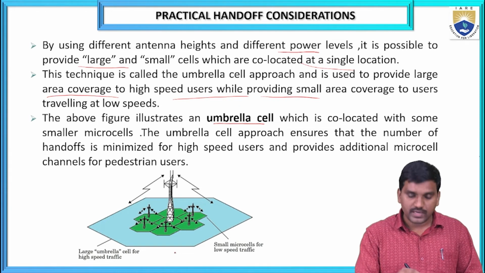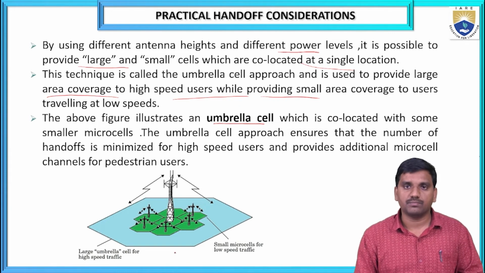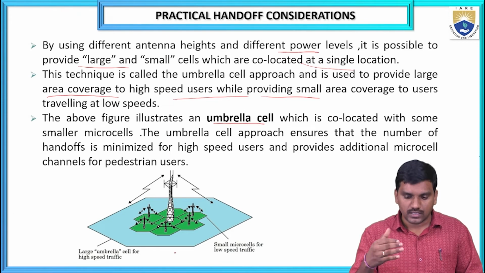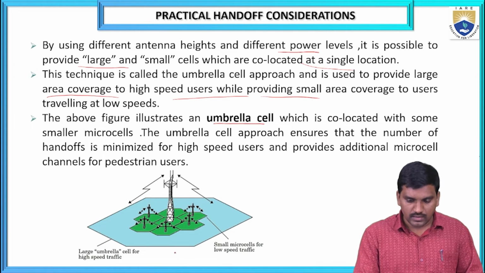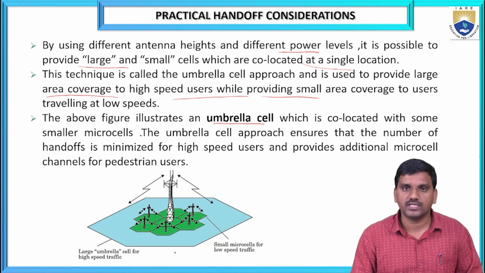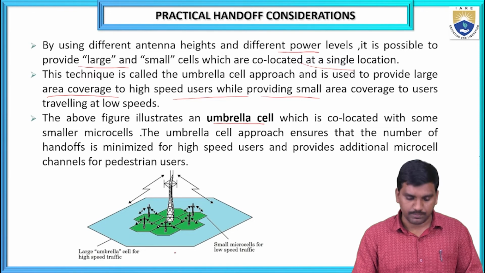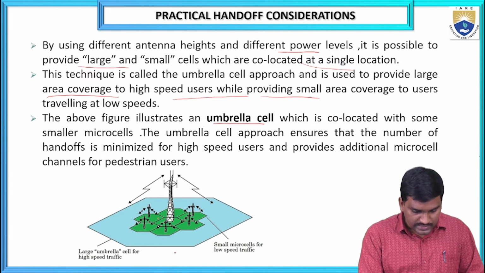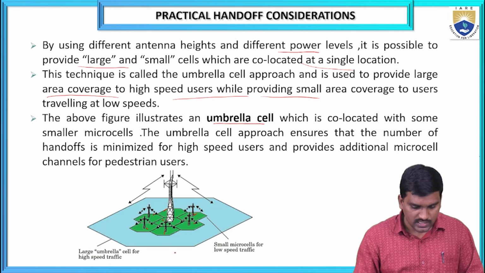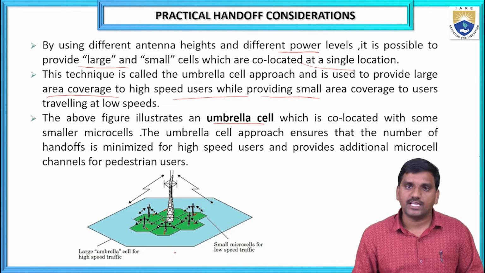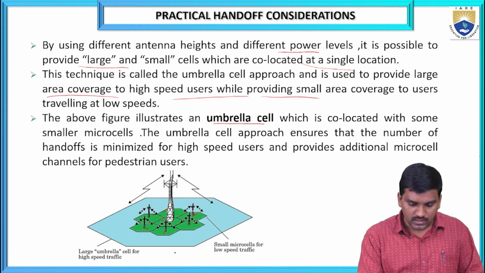This is the umbrella pattern, which provides coverage for high-speed users. Here the 1, 2, 3 green-colored cells are microcells. Each microcell has its own base station.